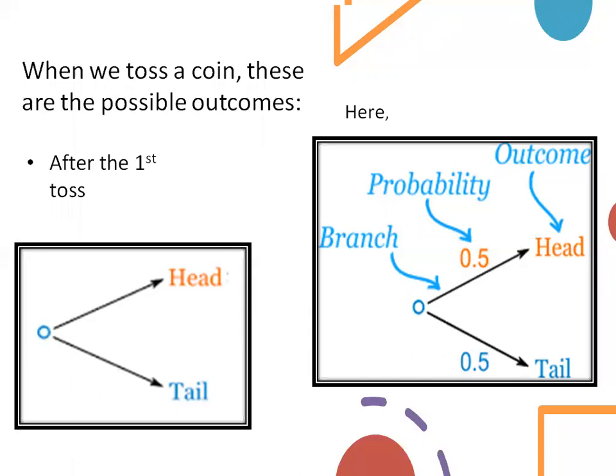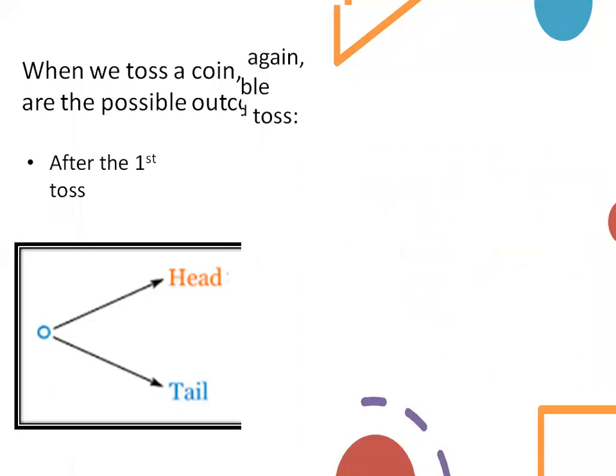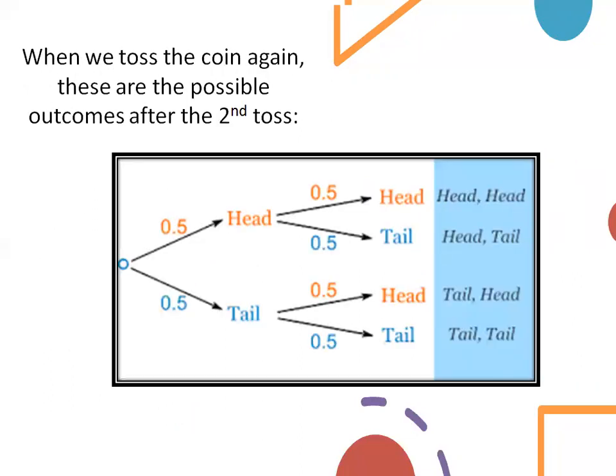Now we are going to the second toss. Let's see what can happen after the second toss. Take the case of a head in the first toss. If we get a head at the first toss, it doesn't matter what we will get in the second toss. In the second toss, we can still get a head or a tail.